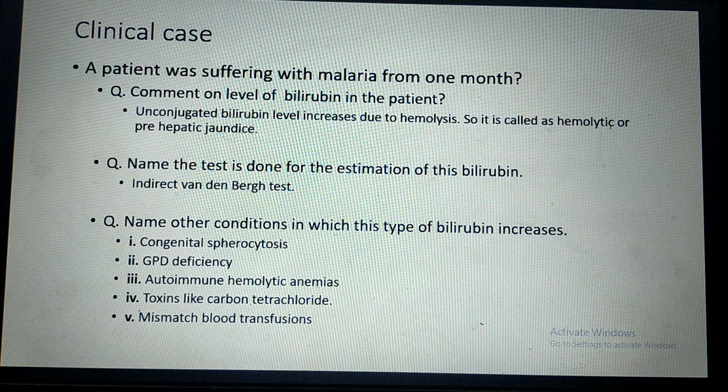Test for estimation of bilirubin is indirect Van den Bergh test. The other conditions in which unconjugated bilirubin increases are congenital spherocytosis, G6PD deficiency, autoimmune hemolytic anemias, toxins, mismatched blood transfusion, or sickle cell disease.